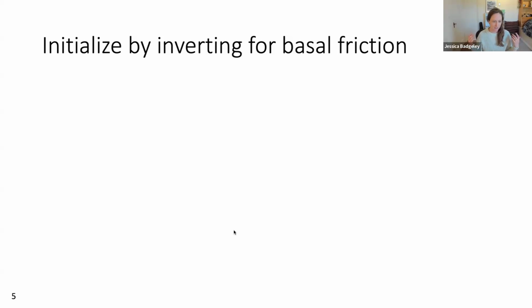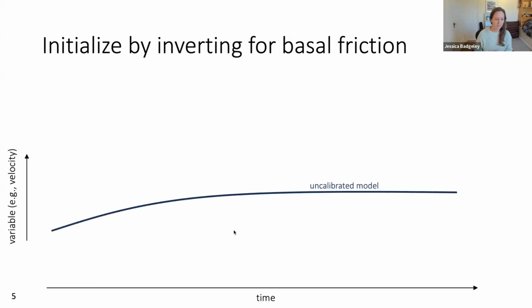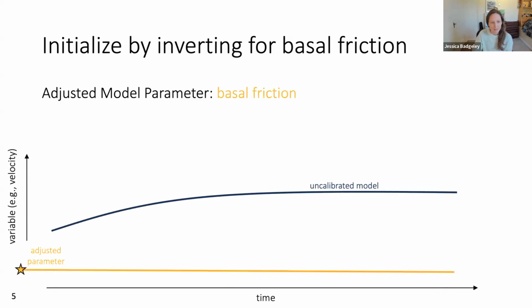Youngman will talk about a different method, but in general, when I think about this, we have some model that is uncalibrated. It's just based on our initial setup. And if we run it forward in time, we can look at some variable from it, such as surface velocity. And then we have some parameter we might not trust that we've gotten fully right.